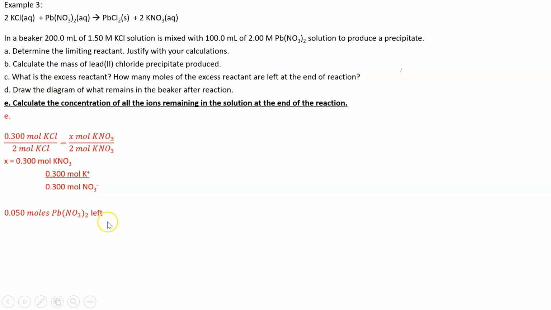Well, that's going to split apart because this is also an aqueous solution. That's going to split apart into 0.050 moles of Pb and 0.100 moles of nitrate, because there are 2 moles of nitrate for every 1 mole of lead nitrate.